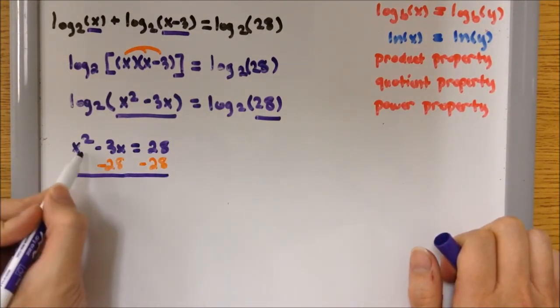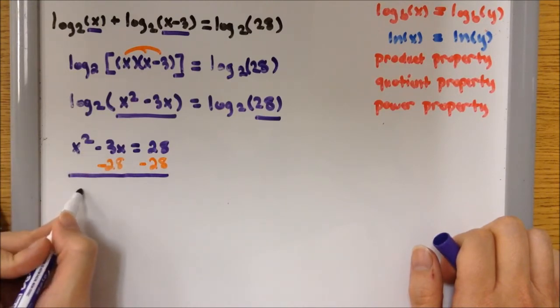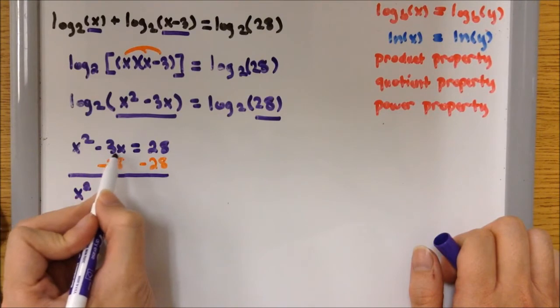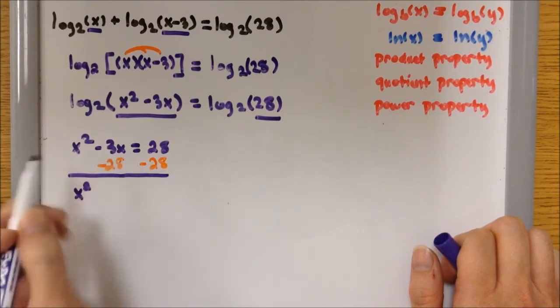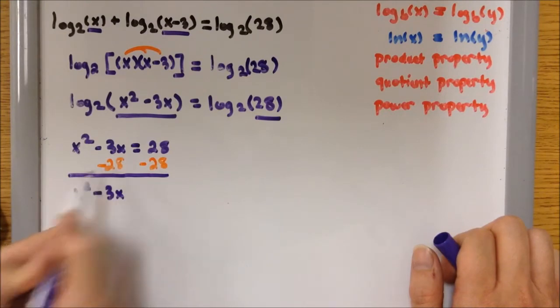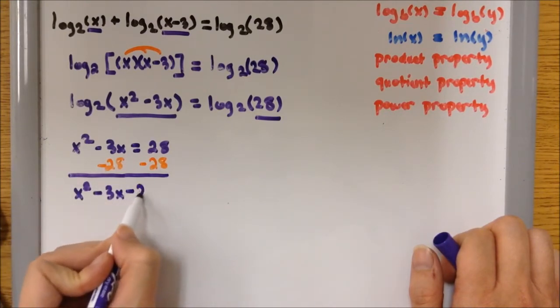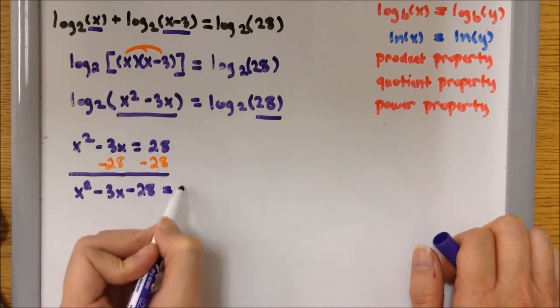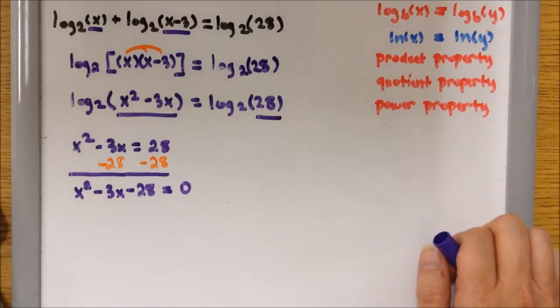Alright, so x squared, nothing I can combine with. No, 3x minus 3x, there's nothing else I can combine. And then minus 28 is just a number, so minus 28 equal 28 minus 28 is 0, so on the right side is 0.